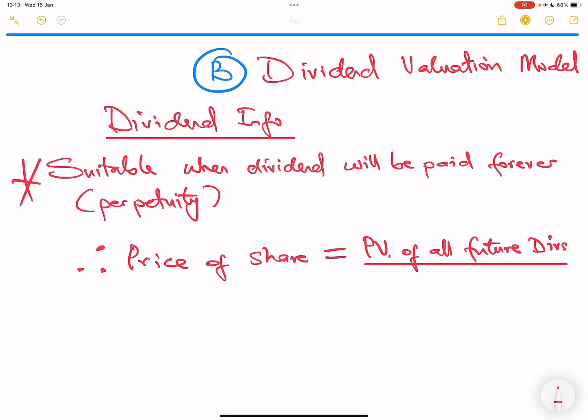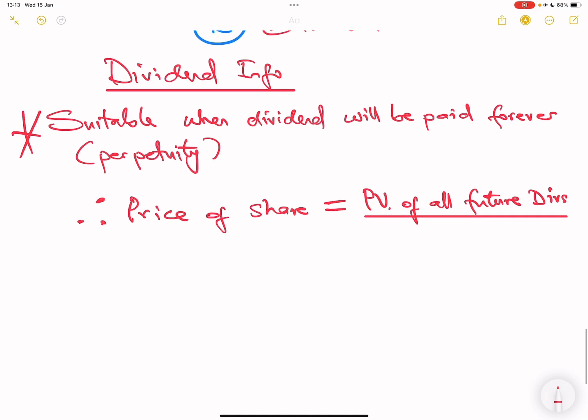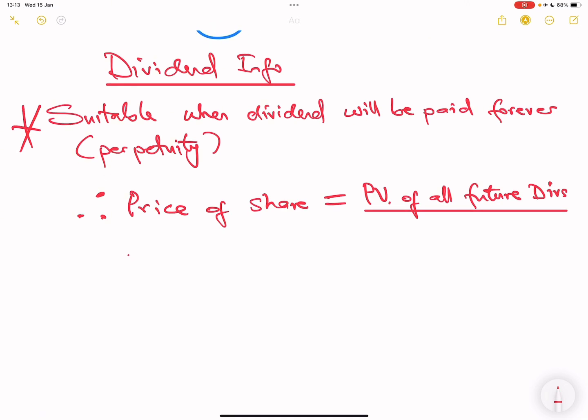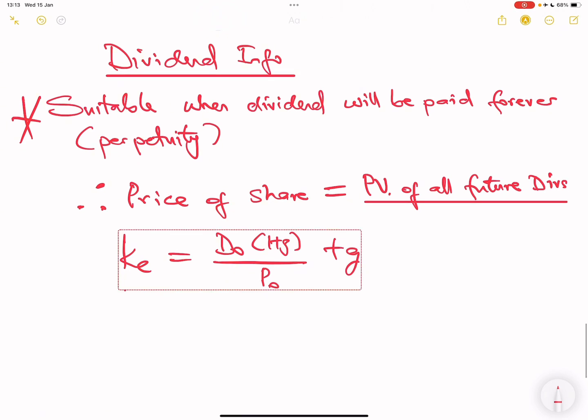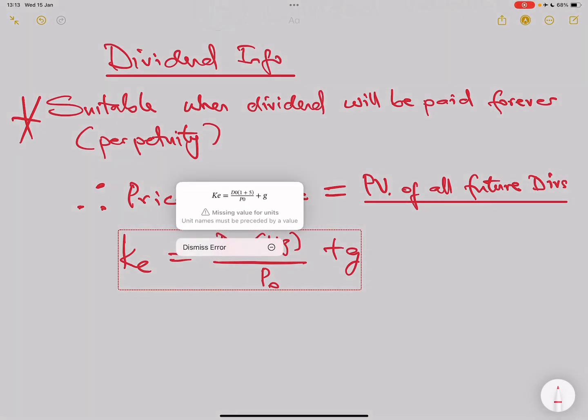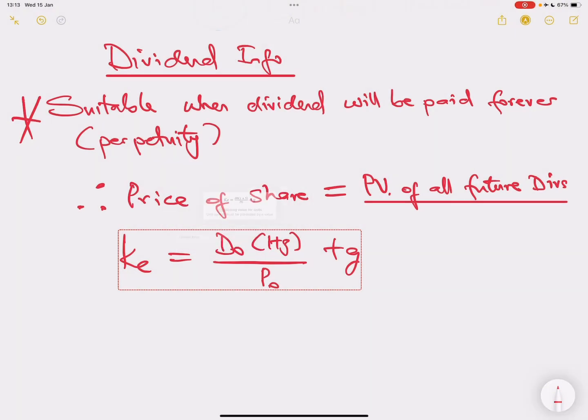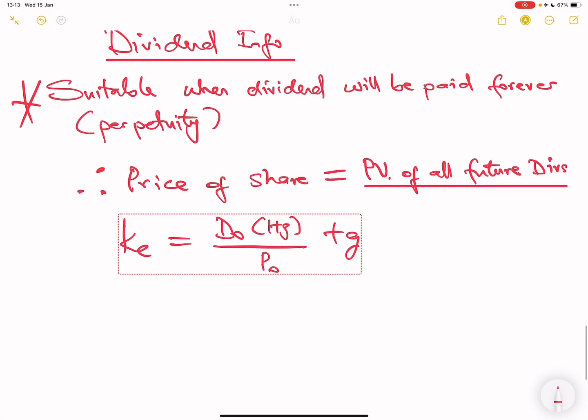That is the price of that share. That is the way it's been done. And if you remember the cost of equity formula, we said cost of equity is current dividend into 1 plus G divided by P naught plus G. It's this same formula that is being used to determine the price of a share.